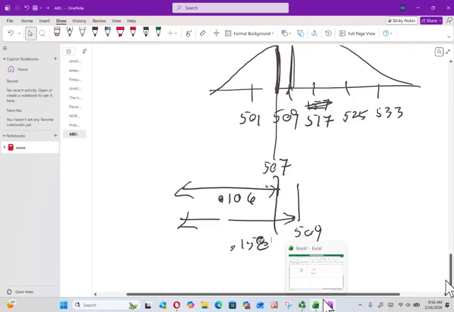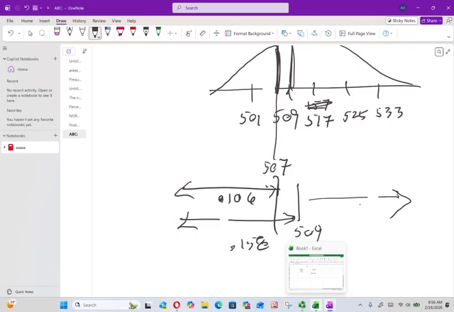Anything else you need, if you want this side, you have to subtract it from 1. What's the chance that something isn't between 507 and 509? I got 0.05 in that little interval. 1 minus that gives me the rest of it. That's how these things work.